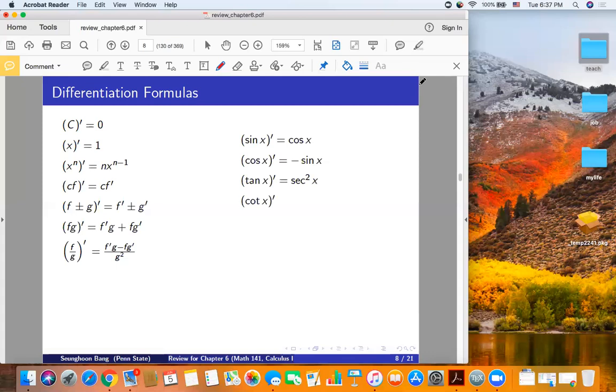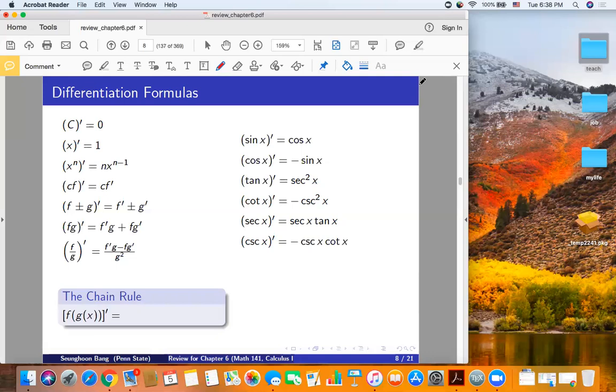Cotangent x prime is, do you know? Yes, negative cosecant squared. What is secant prime? Yes, secant tangent. What is cosecant prime? Negative cosecant cotangent, you're right.